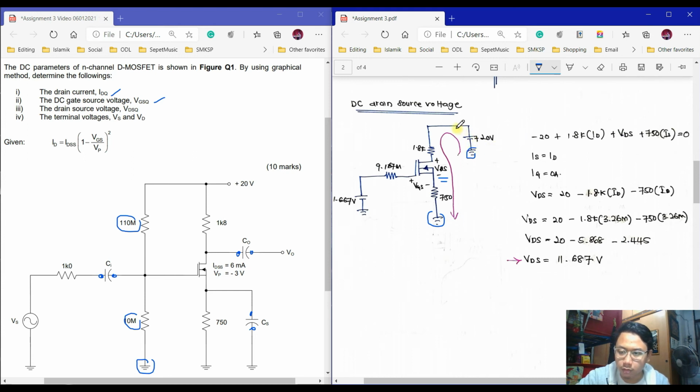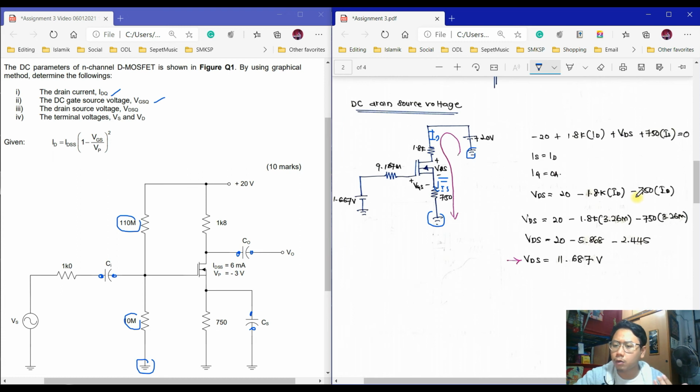Negative 20 volts plus 1.8 K ID, here is ID, and plus VDS plus 750 IS, here is IS. So like before, IS is equal to ID and IG is equal to 0 ampere. And the equation will become VDS is equal to 20 minus 1.8 K ID minus 750 ID.